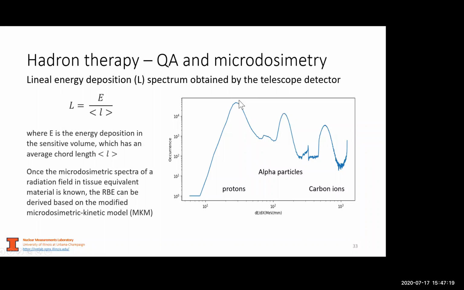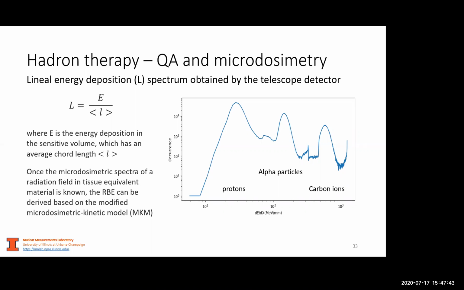So as you can see, again, we have the peaks related to the radiation quality that we simulated, and we're going to calculate next microdosimetric spectra. Microdosimetric spectra are very important because they can be used to calculate directly the RBE using microdosimetric kinetic models generally accepted nowadays.